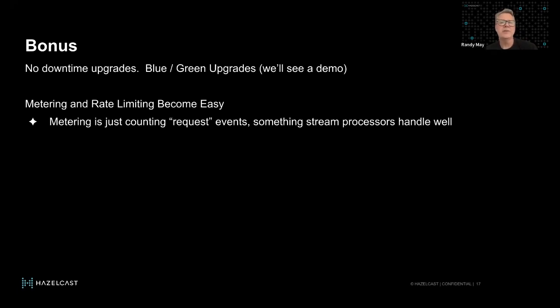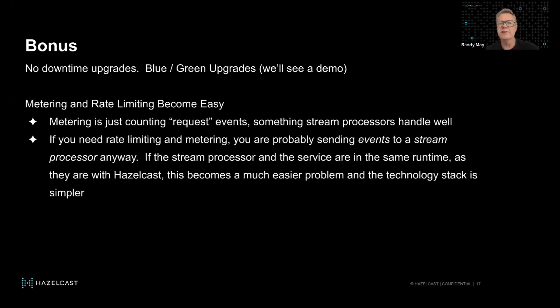And so metering and rate limiting become pretty easy problems. The funny thing is, the other solutions I've seen to metering and rate limiting usually involve an event processor. They're usually sending events out to something else that processes those events. If you're already within an event processing architecture, then it's easier to do these things.